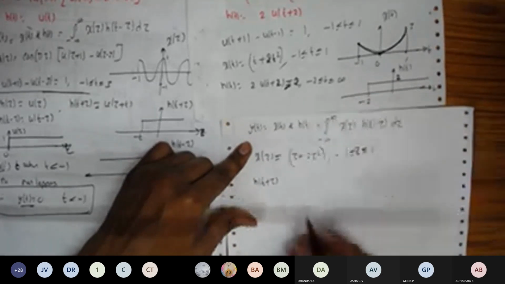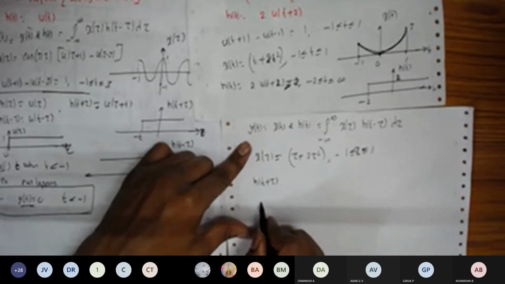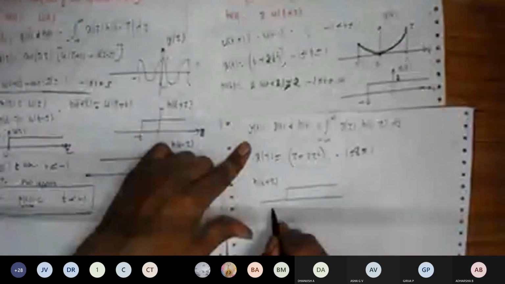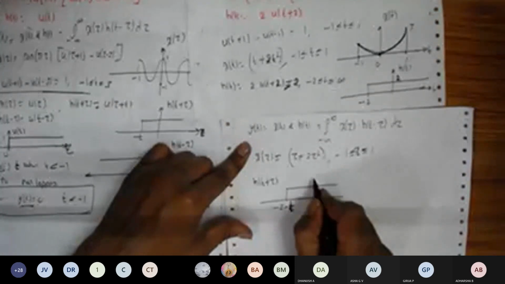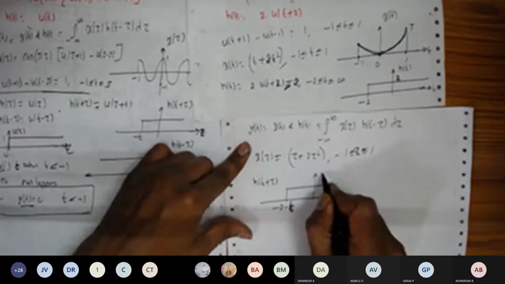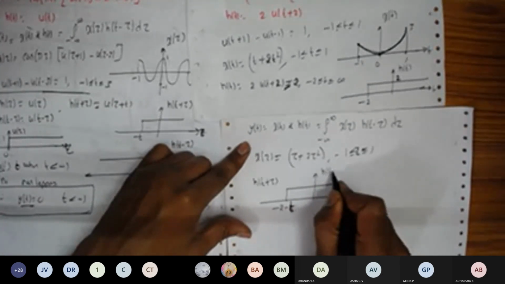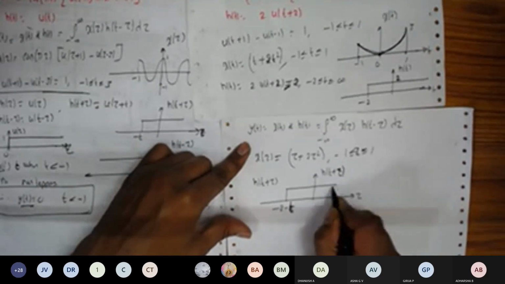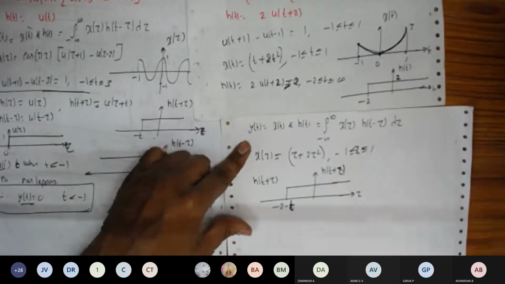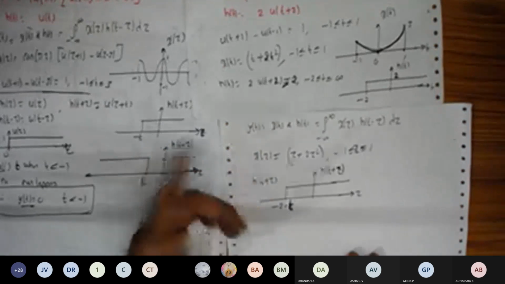This signal will be shifted towards the left by t units, so -2 minus t, and this is h of t plus tau.